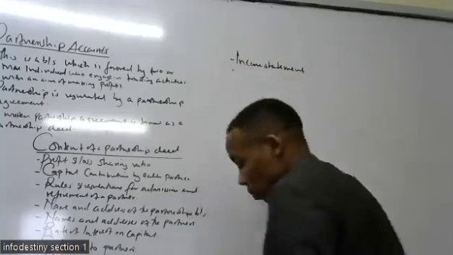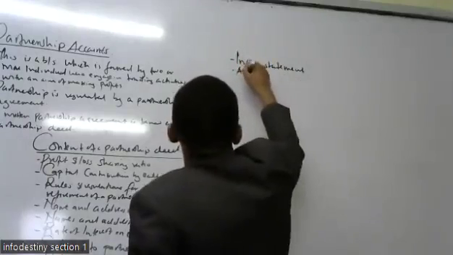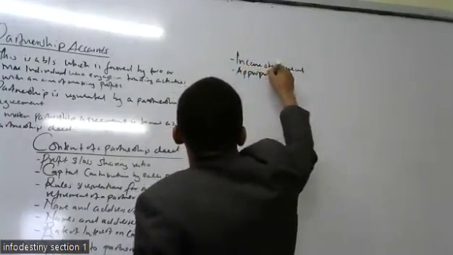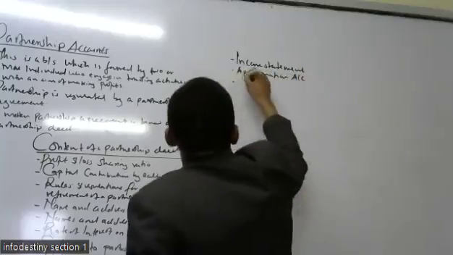The income statement many times is combined with what we call the appropriation account.